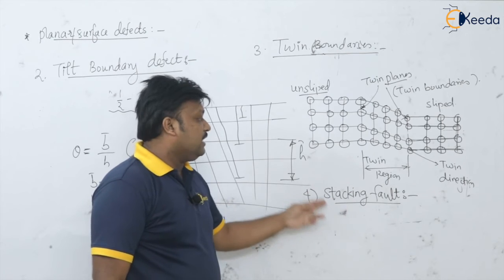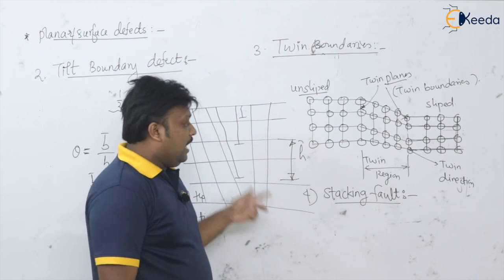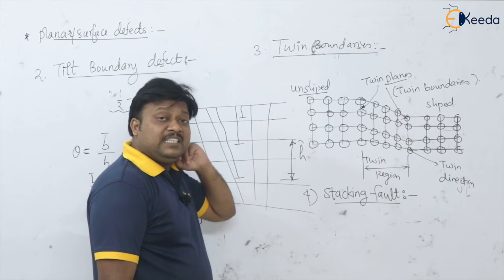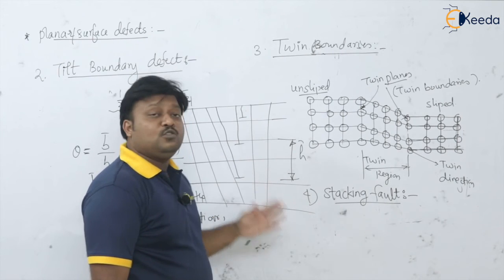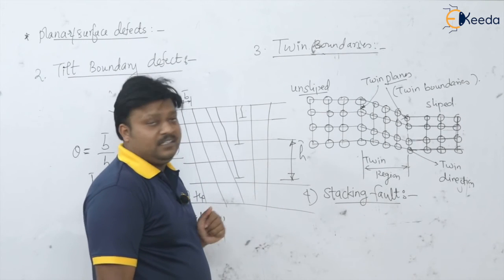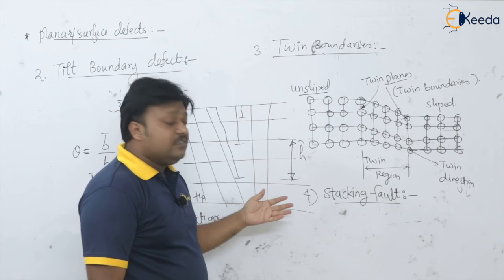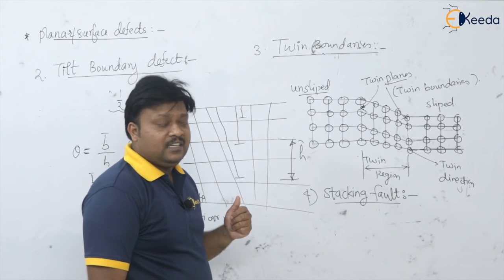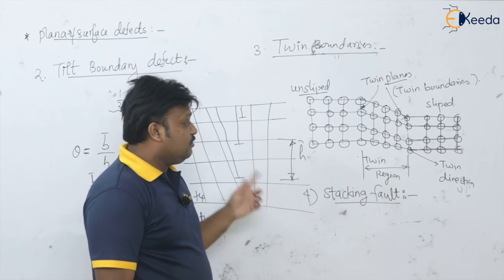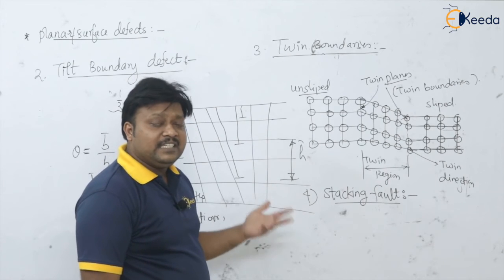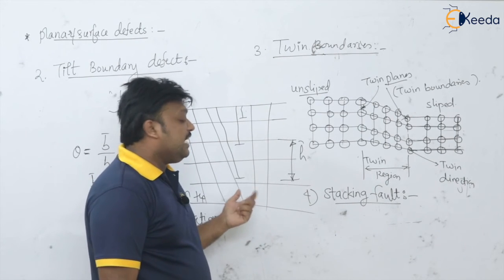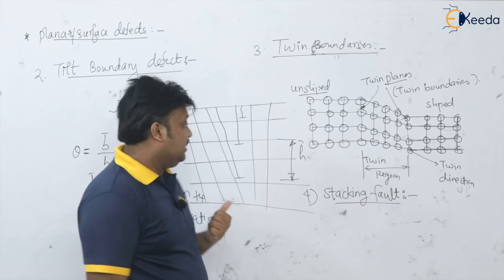These stacking faults result in anisotropy of the crystalline material. They also increase the potential energy of the lattice, and that increase in energy is known as the stacking fault energy.